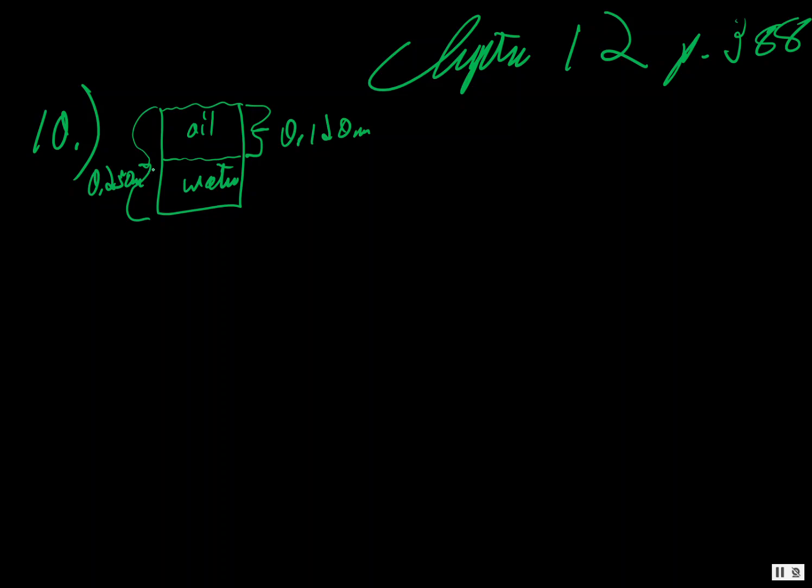The density of the oil, rho of the oil, is 600 kilograms per meter cubed. Remember, we always have to do that. It says, what is the gauge pressure at the oil-water interface? So we want to know the gauge pressure at the interface.